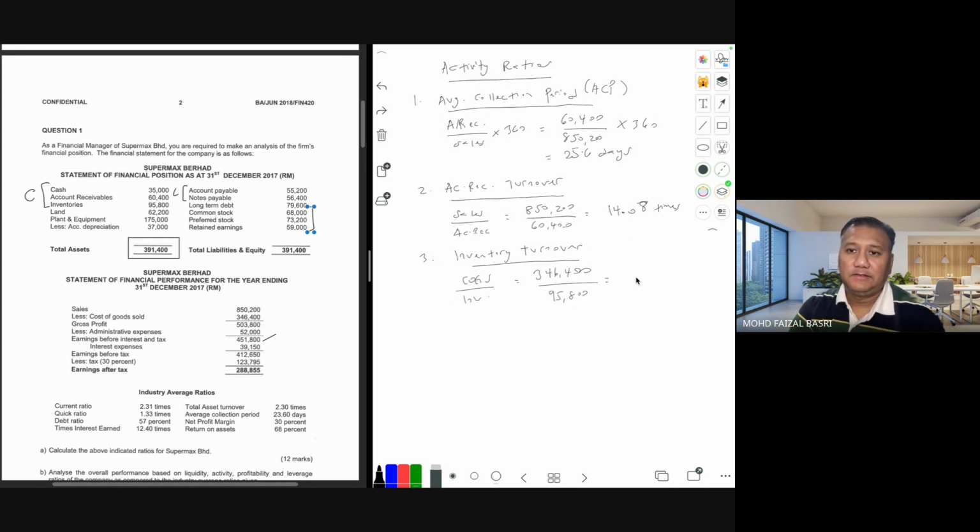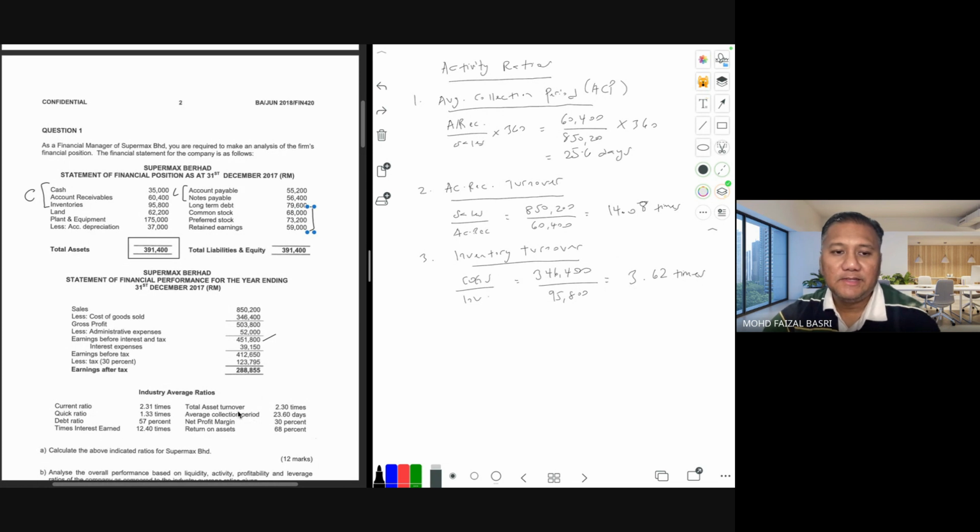So it's about 3.62 times. Okay, inventory turnover pun tak ada untuk comparison.